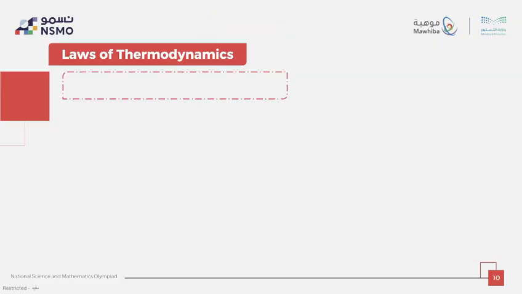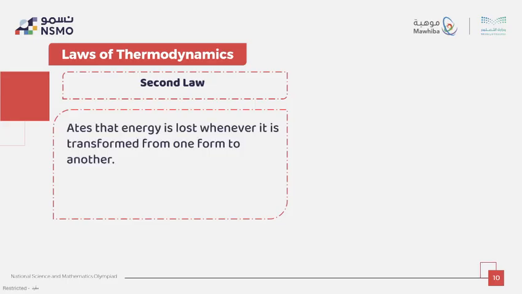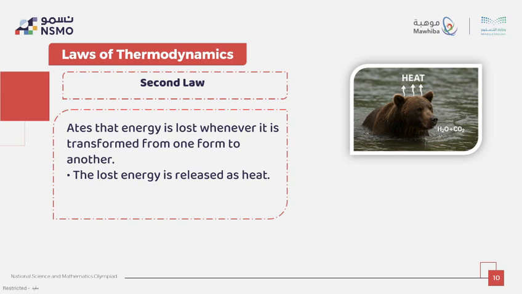The best way to describe the second law of thermodynamics and remember it and memorize it is to connect it with the food chain. Why? Because the second law states that some energy is always lost as heat when it is transformed. The best way to demonstrate this is the food chain, because the food chain clearly shows energy decreases from plants to herbivores to predators.